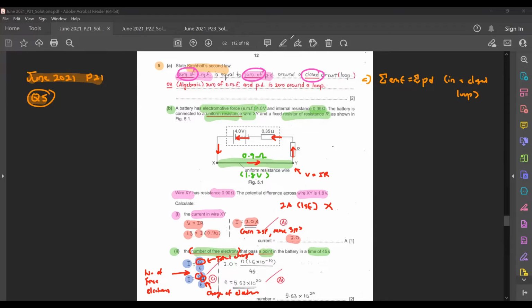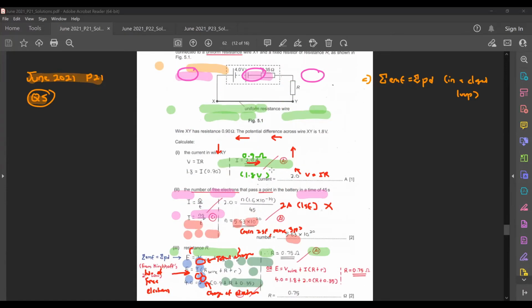So if you substitute everything in, you should get the answer eventually. This is 2 equals N times 1.6 times 10 power minus 19 divided by 45. The 45 here is your seconds. Your answer will give you 5.63 times 10 power 20. Okay, so this is the number of free electrons in that particular time of 45 seconds. So this is pretty straightforward.